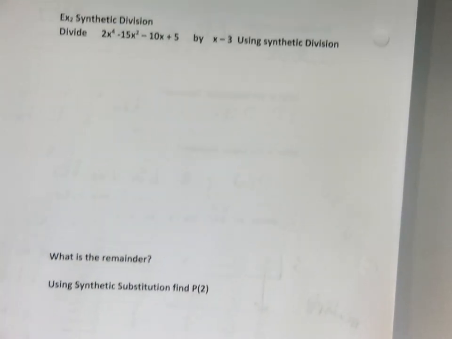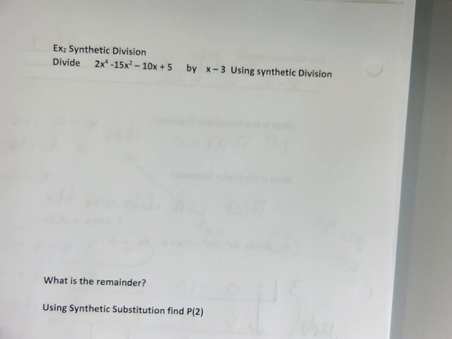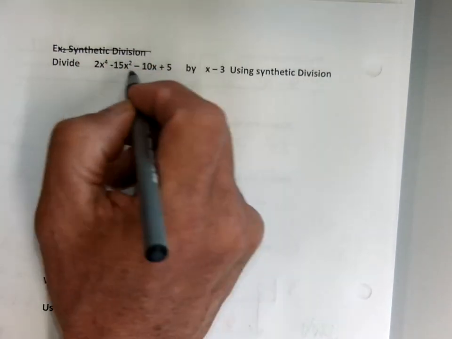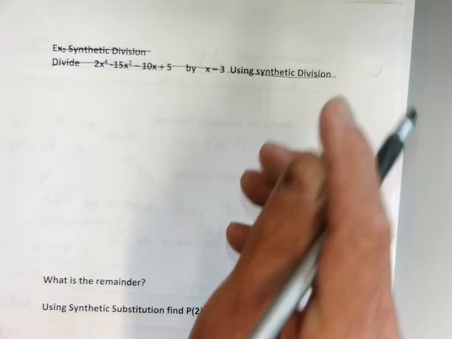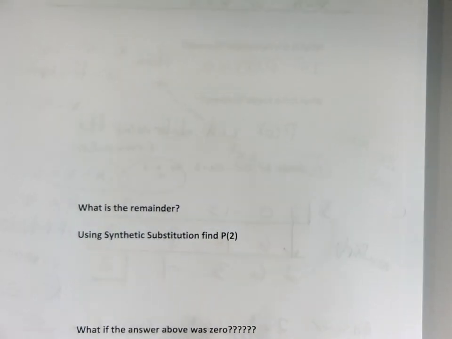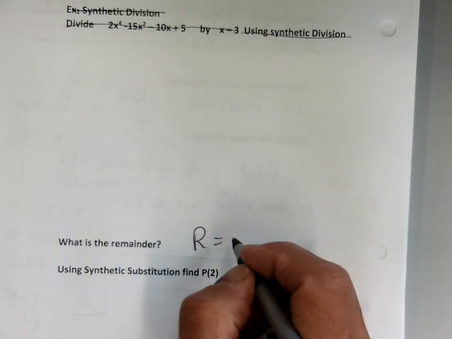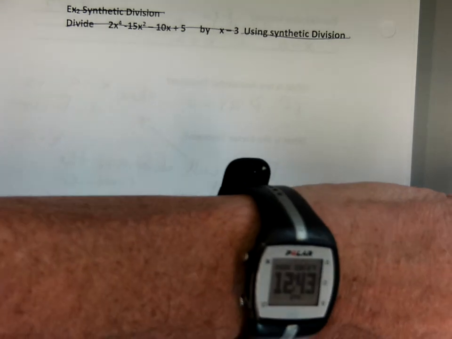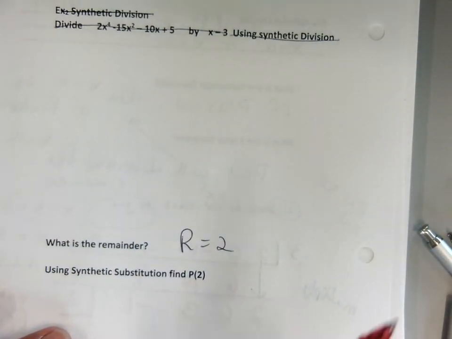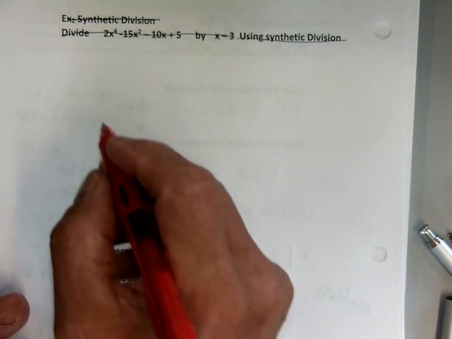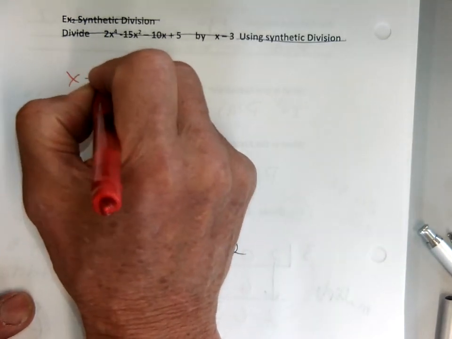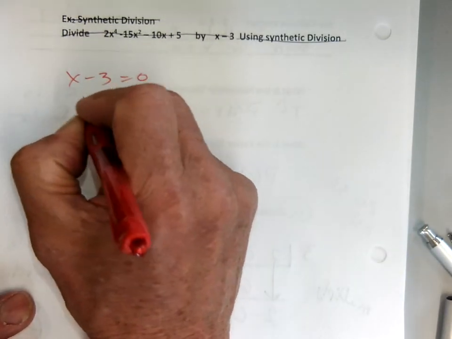Okay, so we can skip example 2 because that's basically what I just did. Cross that out. But we know my remainder was 2, right? But I will do synthetic substitution. If I divide by x minus 3, x equals 3.